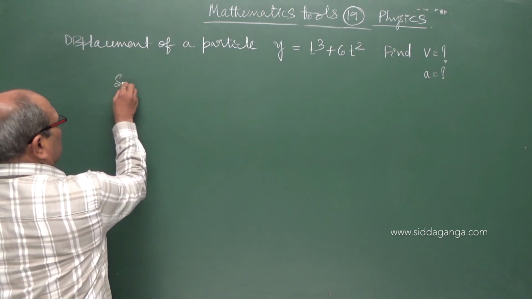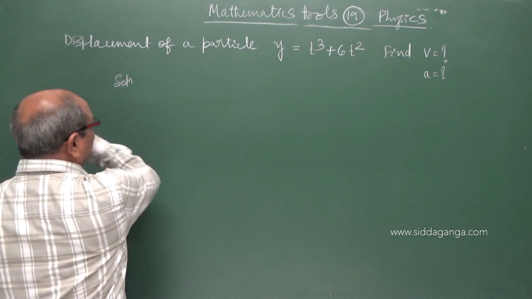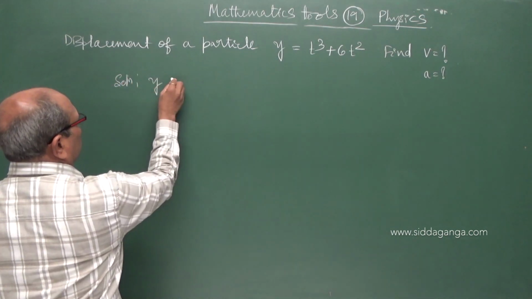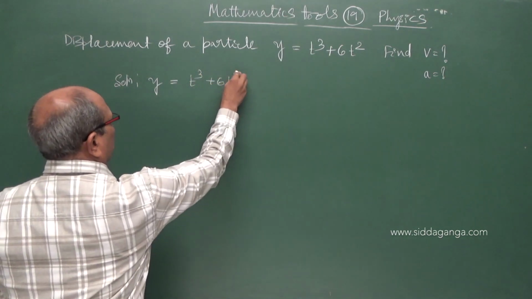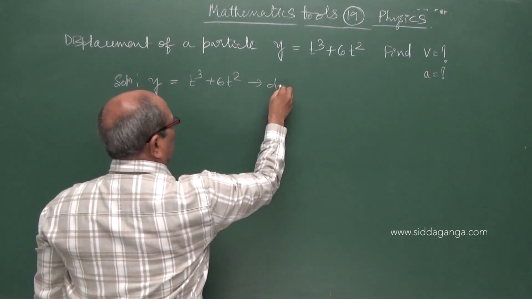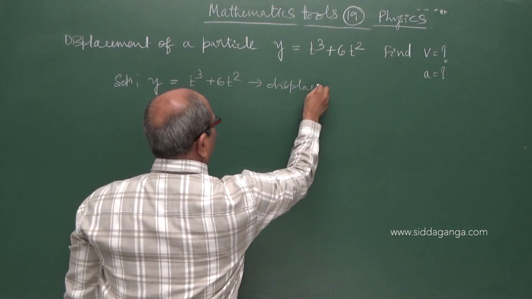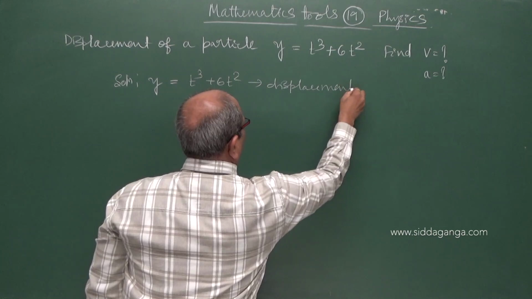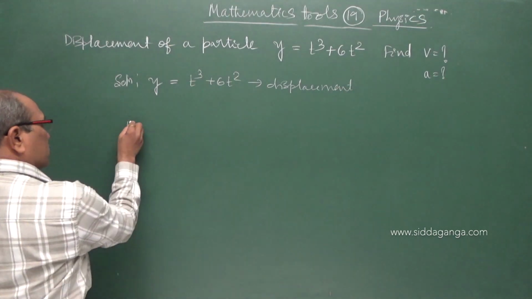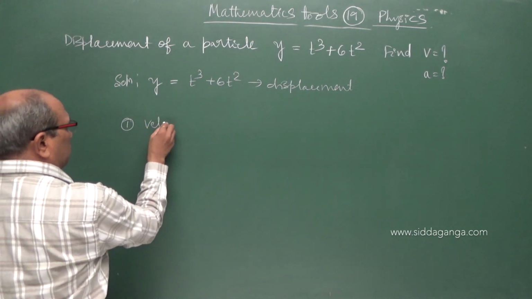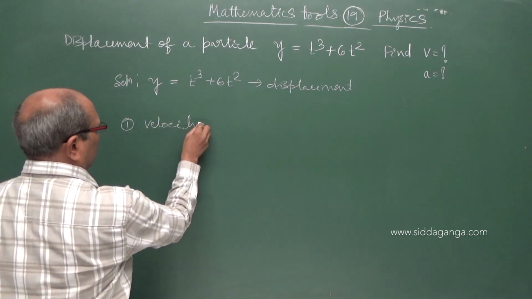What you are given here is y equal to t cube plus 6t square, which is nothing but displacement dependent on time. So the question first is to find the velocity of the particle.